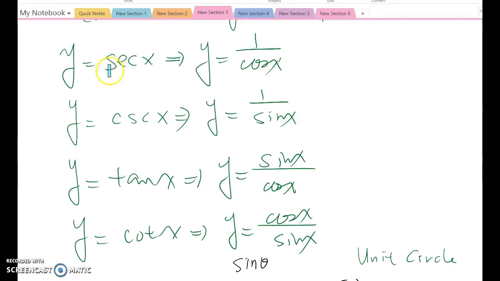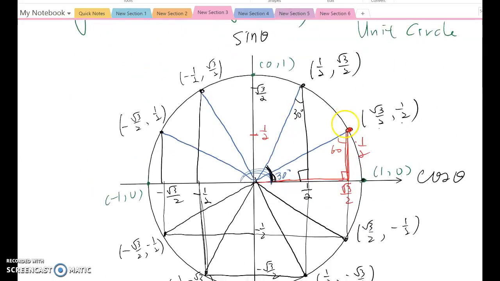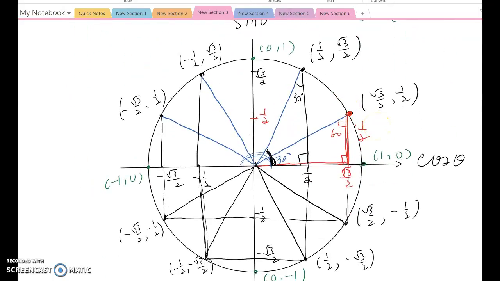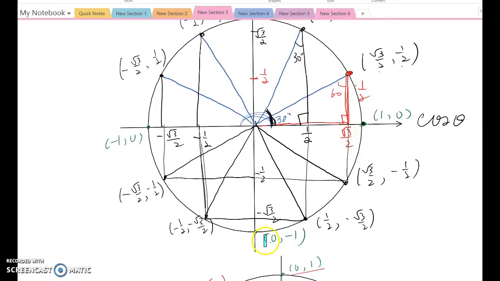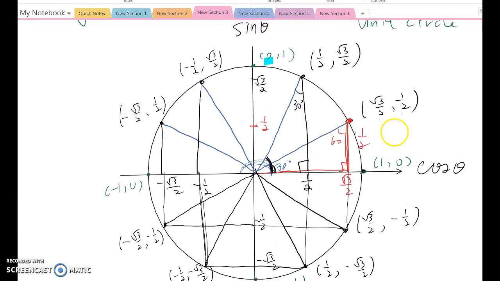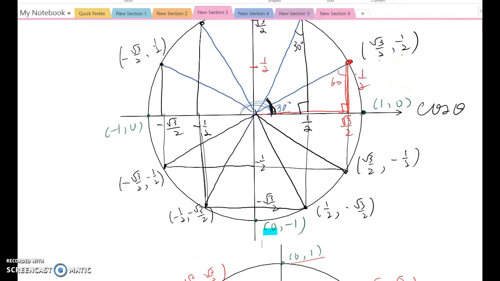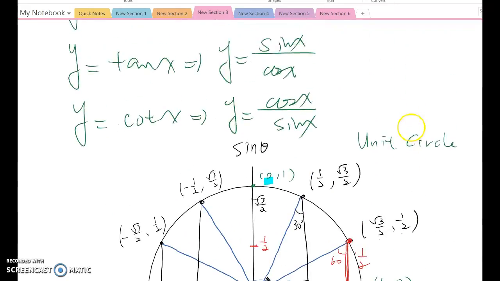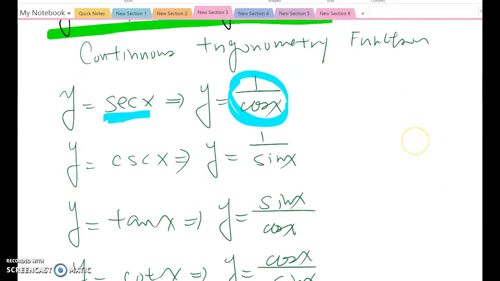As we know, secant means 1 over cosine, right? Then you need to watch out where cosine x becomes 0. When we go down here, cosine equals 0 at this value and at this value too, which means 90 degrees and 270 degrees. But whenever we talk about the function, we don't use angle values.